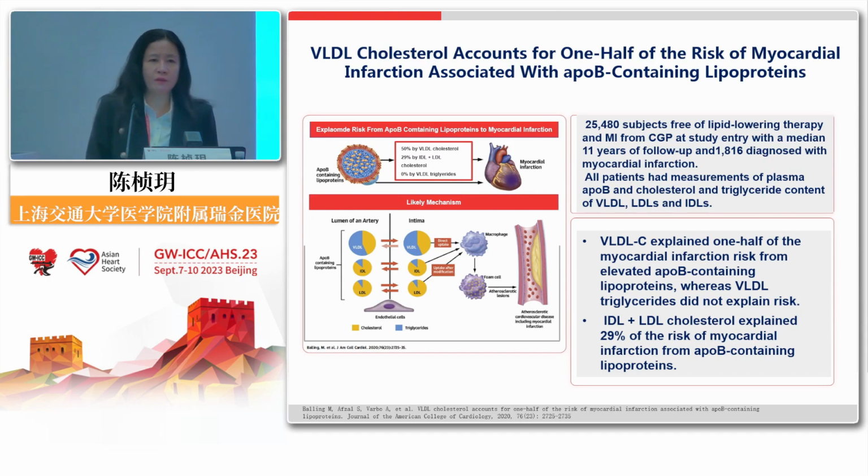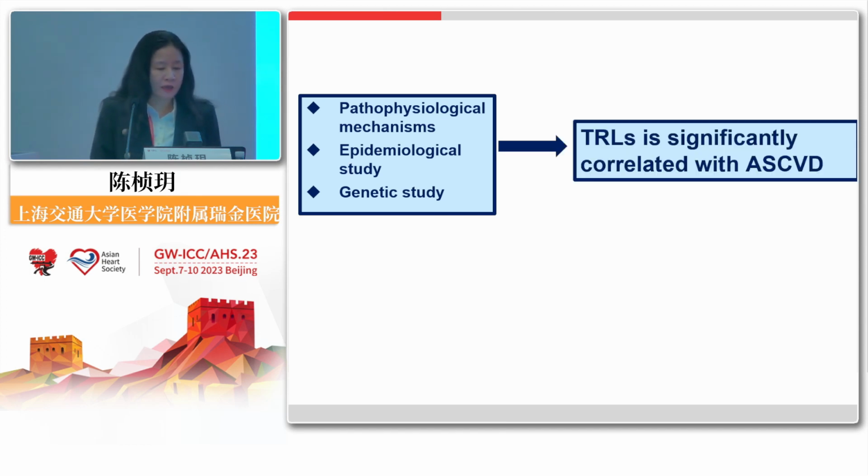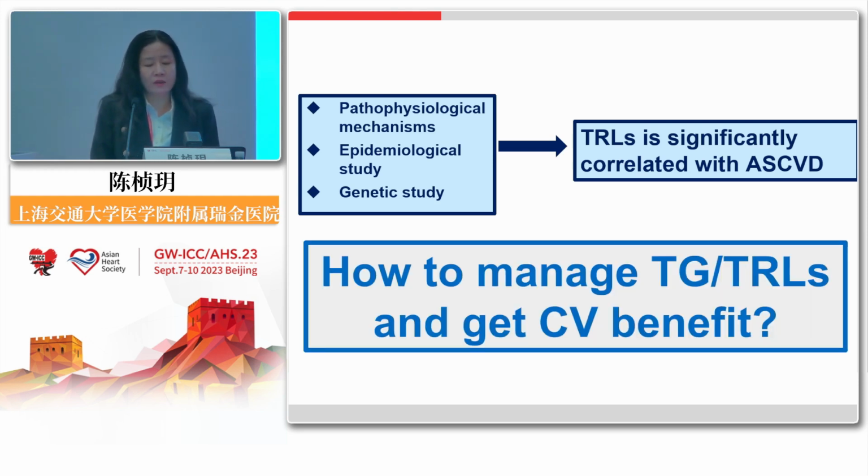That means VLDL may actually do bad things, or worse than LDL, in some populations and within some situations. So from the physiological mechanism, epidemiological study, and genetic study, TRL is significantly correlated with ASCVD.